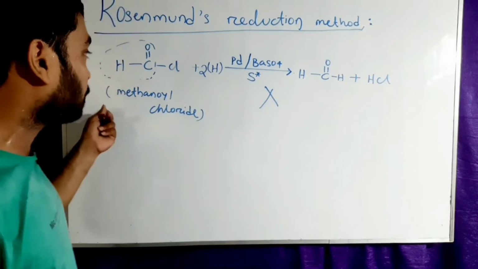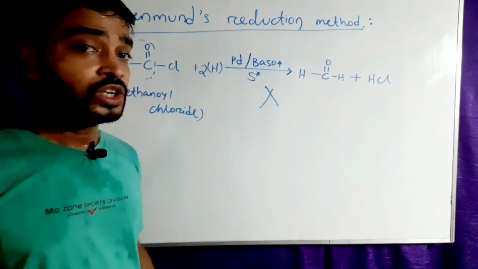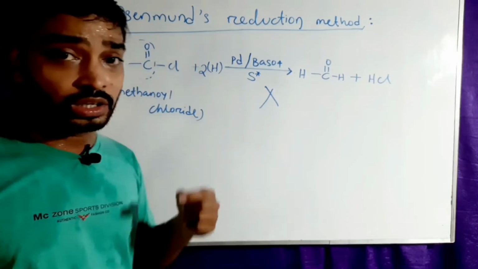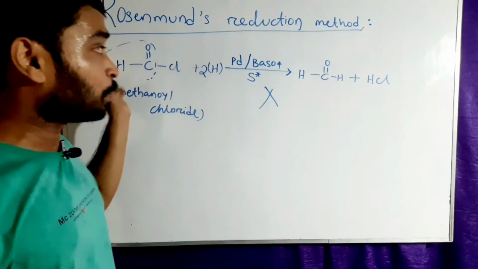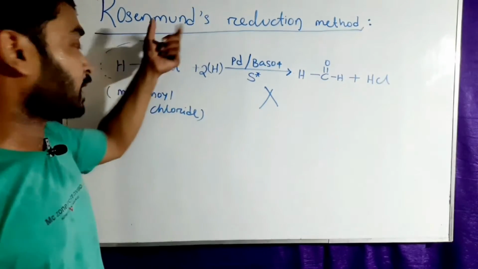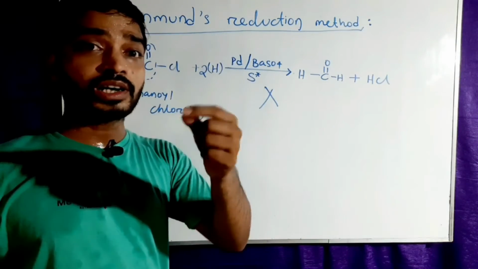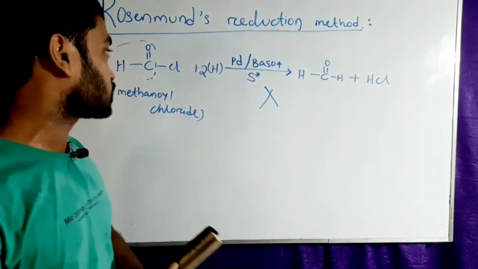An unstable compound cannot participate in the reduction process at room temperature. It needs some controlled conditions, which are not maintained in the Rosenmund reduction process. So formaldehyde cannot be prepared from methanoyl chloride by the Rosenmund reduction process, which is called the demerit or the negative point of the Rosenmund reduction.